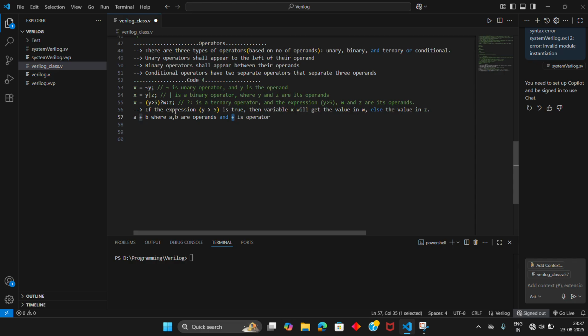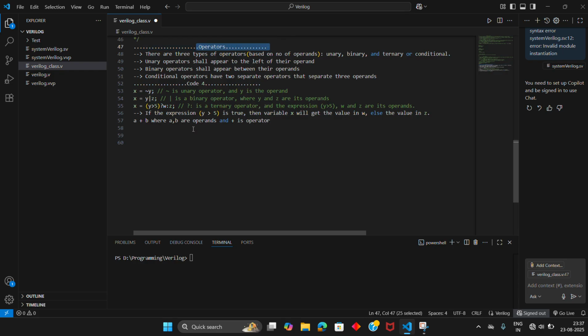So A and B are operands, whereas plus is an operator. The operator classification is based on the number of operands in a given expression or statement.